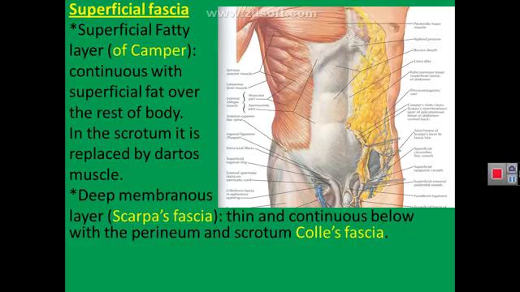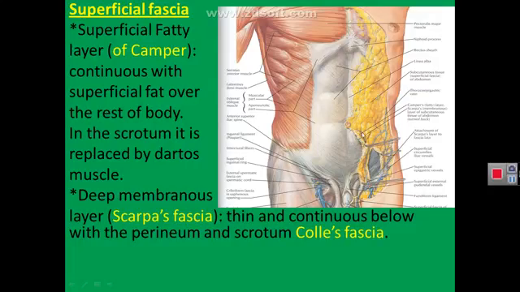Going deeper into the description of the anterior abdominal wall, the first thing to be described is the superficial fascia, and we said that the superficial fascia is formed of two layers: the fatty superficial fascia, which is the fascia of Camper, that contains much fat and continues with the fatty layers of the thorax, pelvis and perineum.